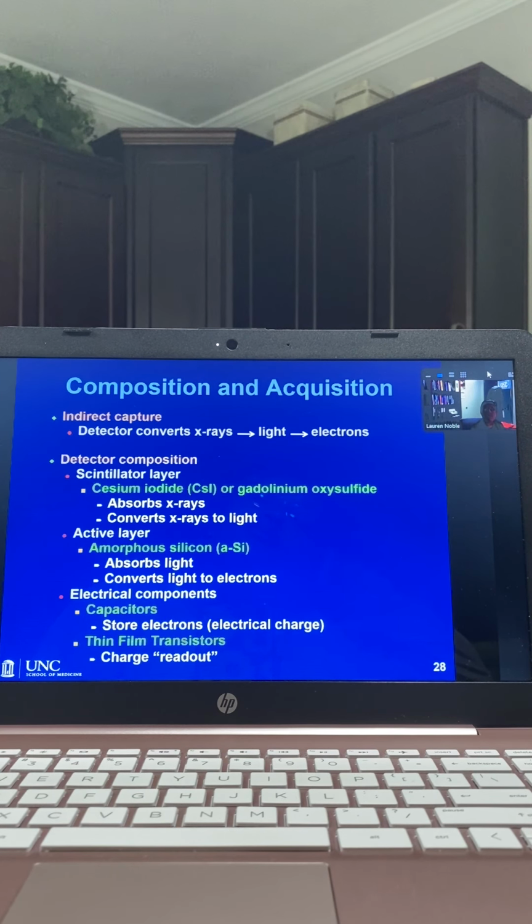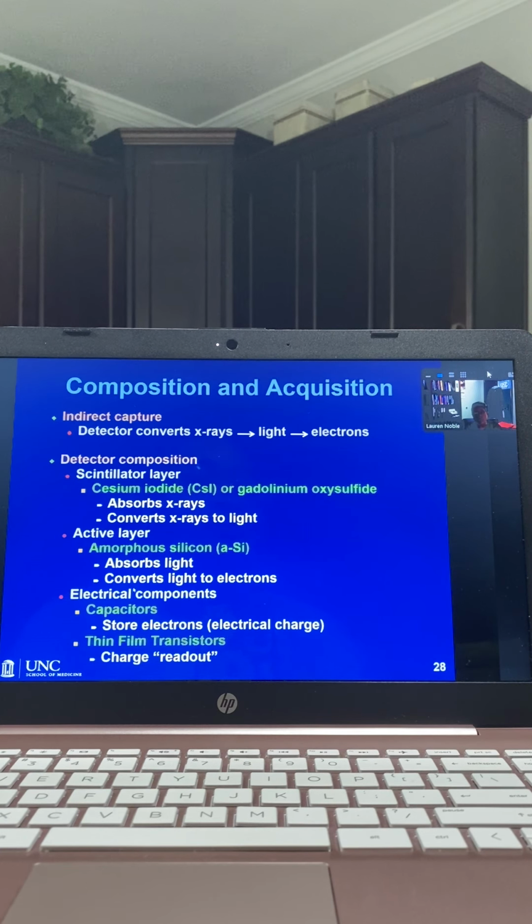And what that scintillator layer will do is it will absorb the X-rays and it will convert the X-rays to light. And the way I would always remember this is scintillator has eyes in it, so does light. So the scintillator takes those X-rays and will convert X-rays to light.